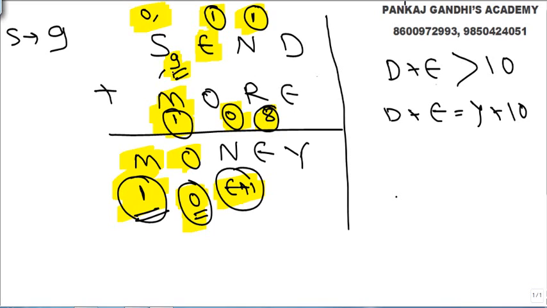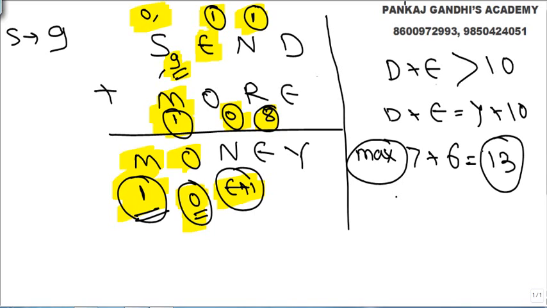Now already R is 8 and S is 9. Maximum value of D plus E can be 7 and 6. Maximum, because already 8 is gone here, 9 is gone here. Maximum it can be 13, so Y can be maximum 3.